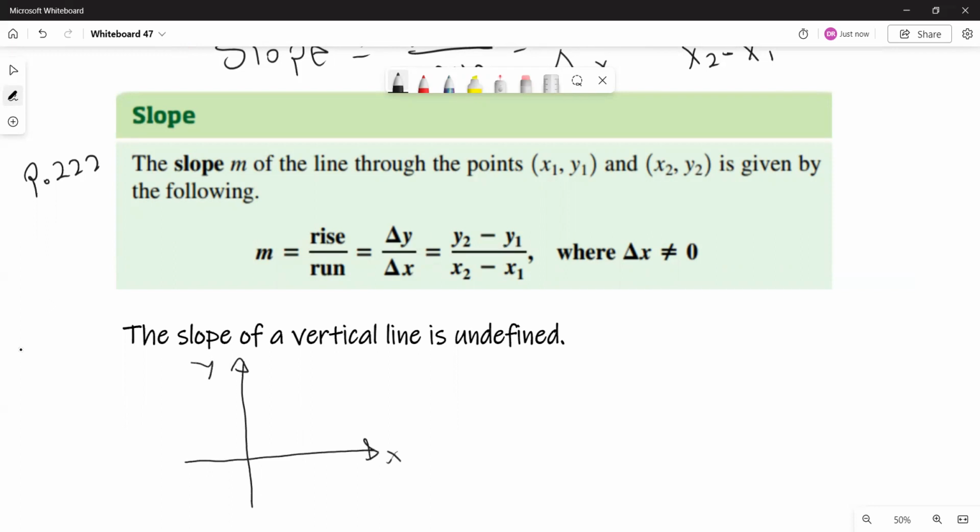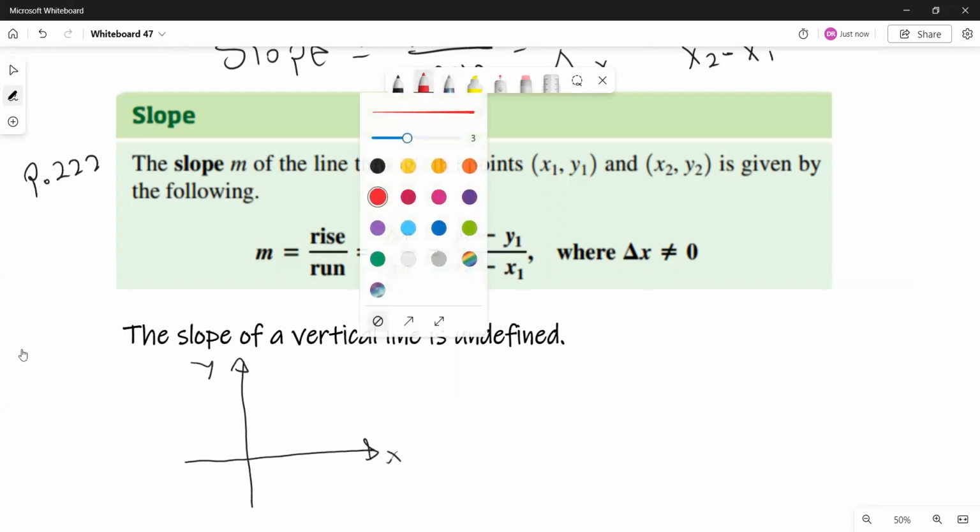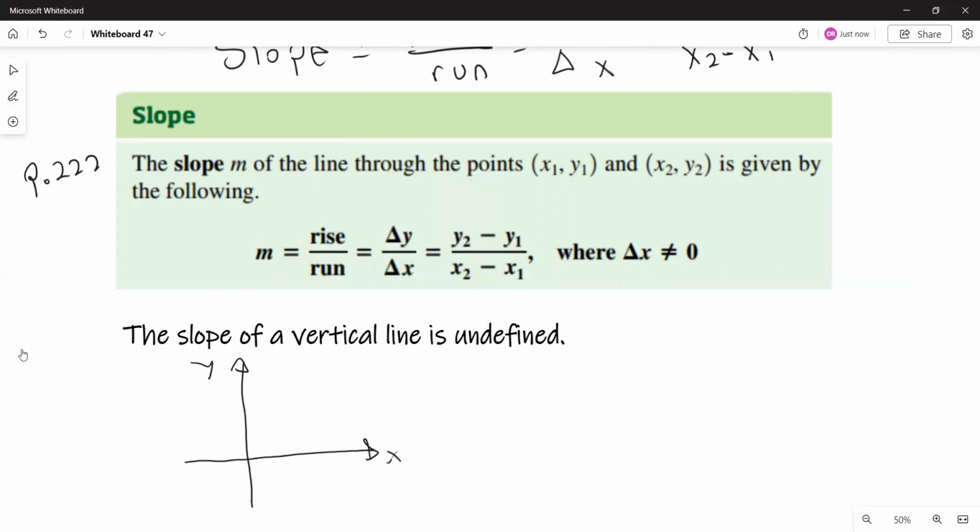The slope is undefined because there is no run, and you cannot even say whether the line is rising or falling because it's not moving forward or backwards. So the slope is undefined. If you try to use the slope formula, the y values are going to be different, but the x values are going to be the same. So you have some division by 0.